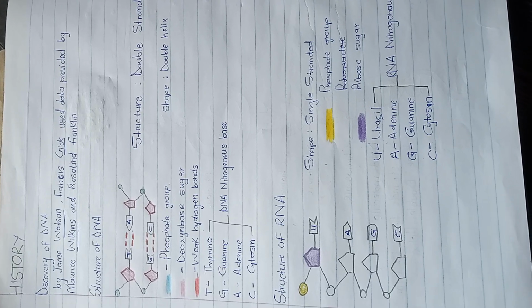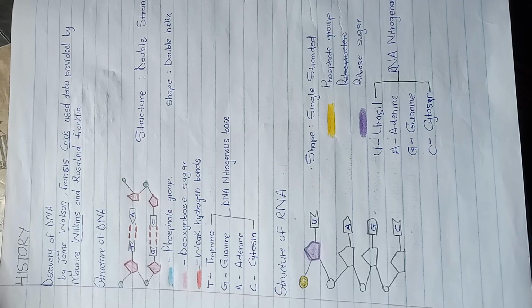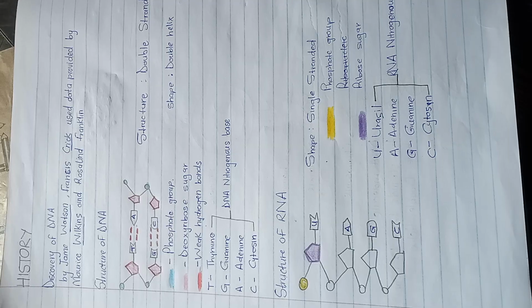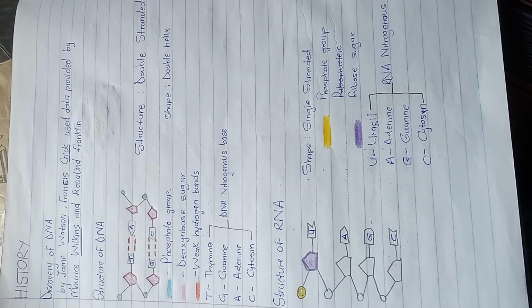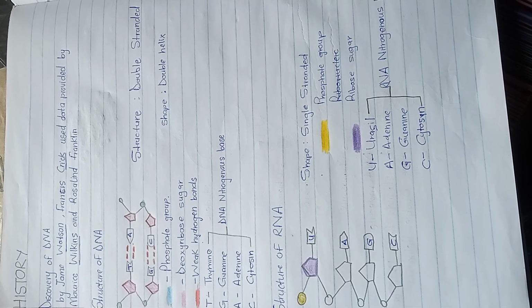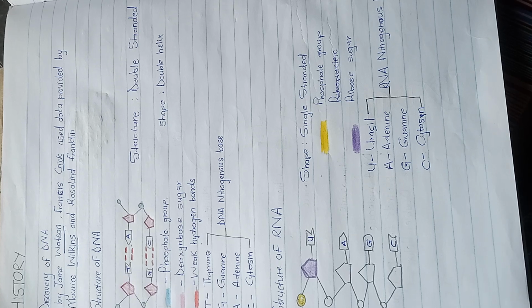So it was discovered by James Watson and Francis Crick, using the data that was provided to them by Maurice Wilkins and Rosalind Franklin. Your teacher will probably tell you about this other part about Rosalind Franklin. She was a female scientist who faced patriarchy in the highest.